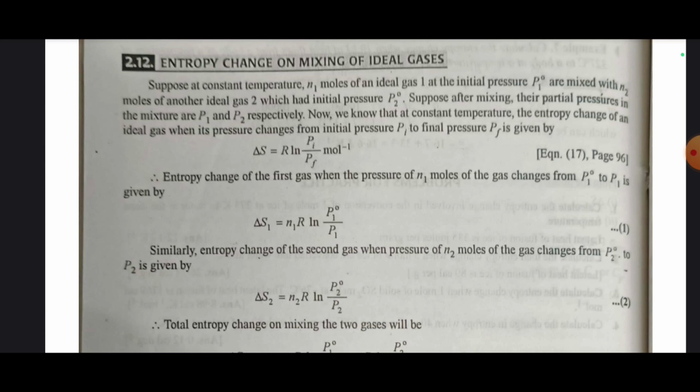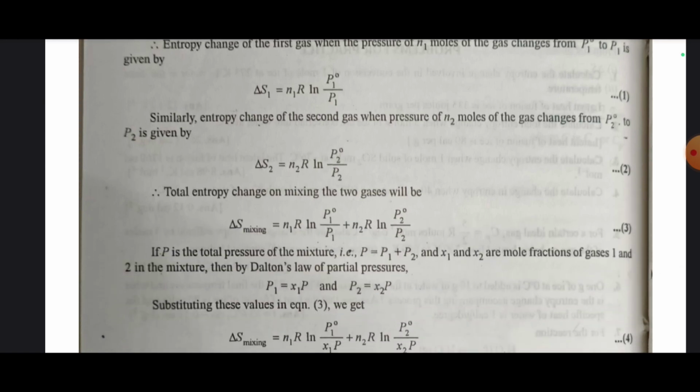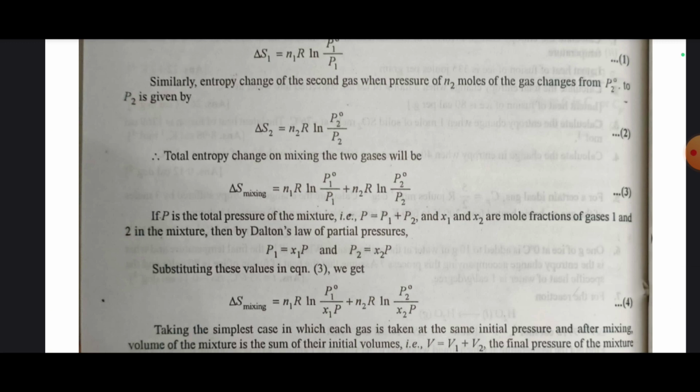Entropy change of the first gas when the pressure of N1 moles of the gas changes from P1 naught to P1 is given by delta S1 is equal to N1R ln of P1 naught by P1, which is equation 1. Similarly, entropy change of the second gas when pressure of N2 moles of the gas changes from P2 naught to P2 is given by delta S2 is equal to N2R into ln of P2 naught by P2, which is equation 2.